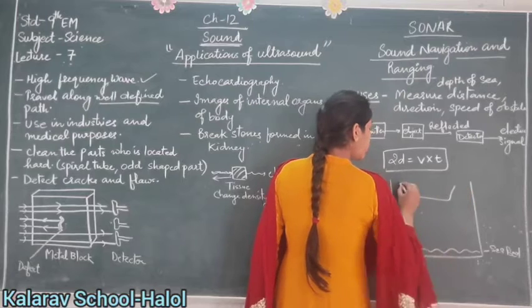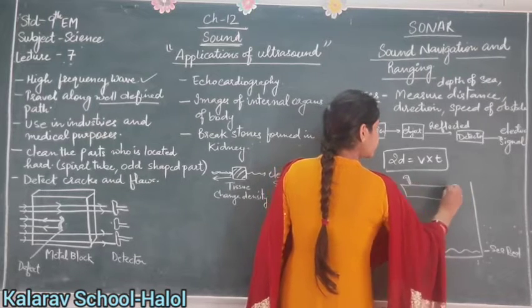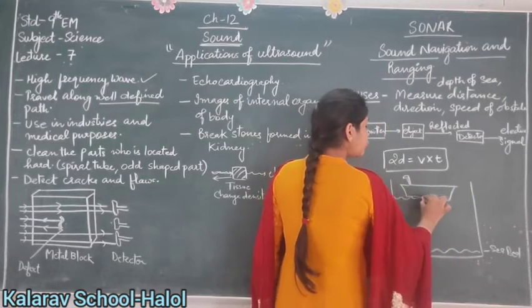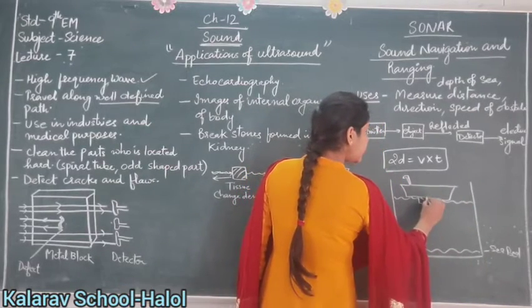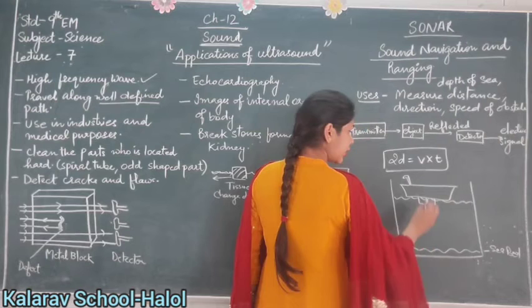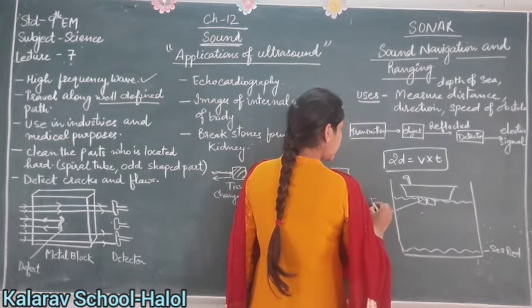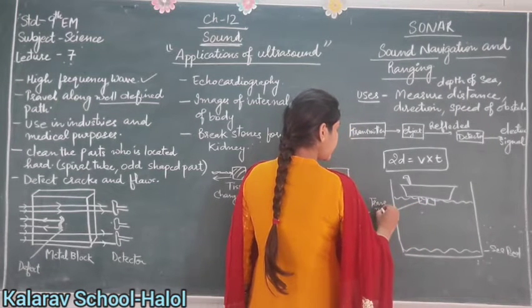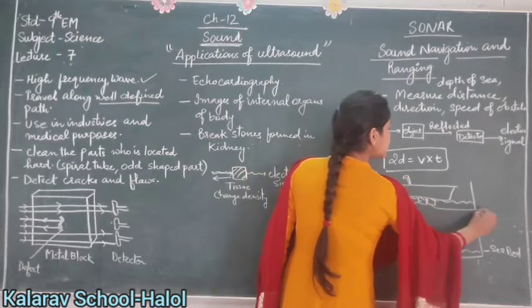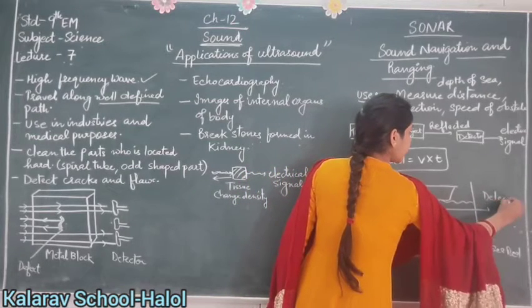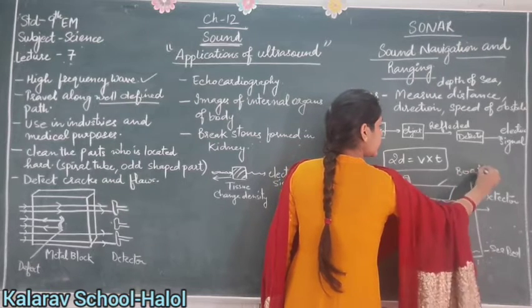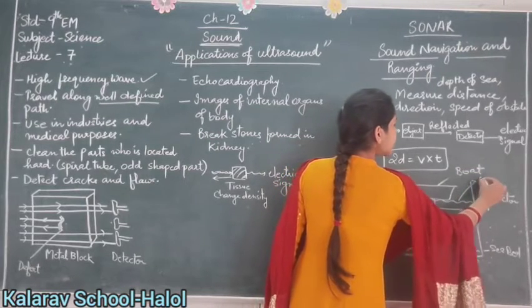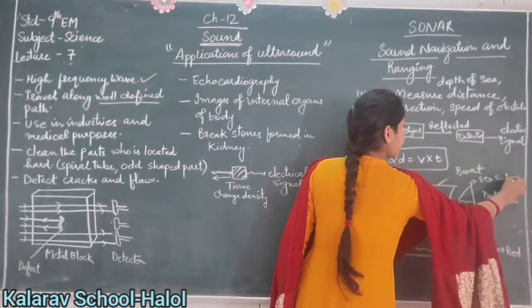Any boat which is floating on the sea has a transmitter as well as a detector. So this is the transmitter and that is the detector. This is the boat and this is the sea surface.